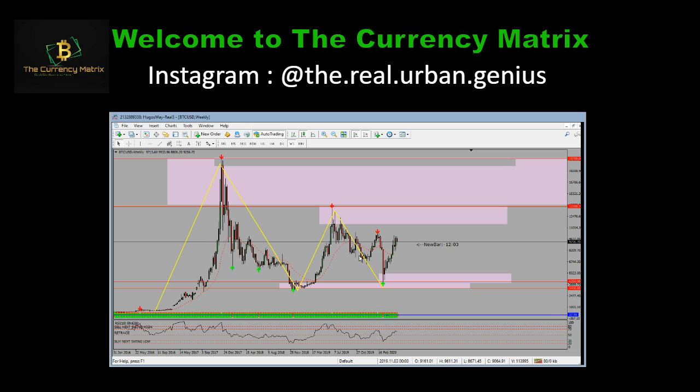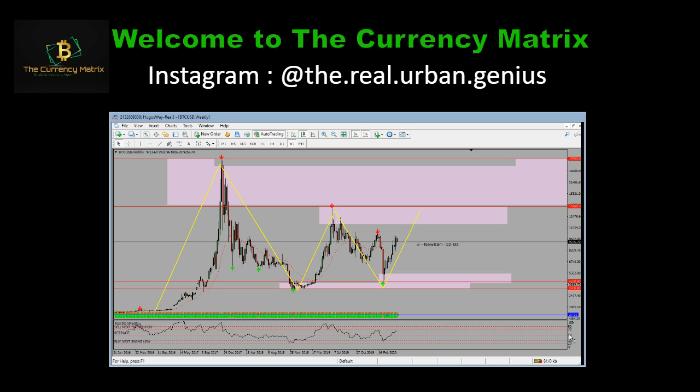From looking at this range, we can see that price is now looking to come back up here to this zone. Agreed? Based on the long term here on the weekly chart, we know that we are in a bullish situation. Based on the RSI, we are also in a bullish situation because we are on top of 50. We are over the 50 zone.